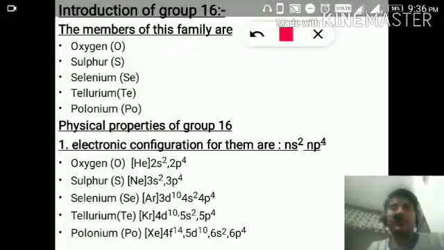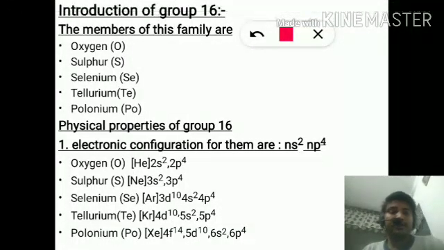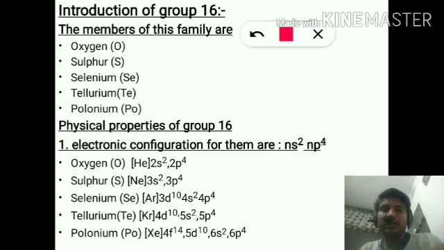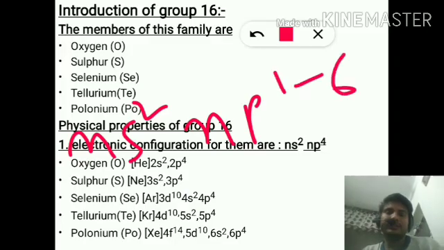In the p block elements, all the incoming electrons enter into the p orbital, so that's why we call them p block elements. The general electronic configuration of p block is ns2 np1 to 6.